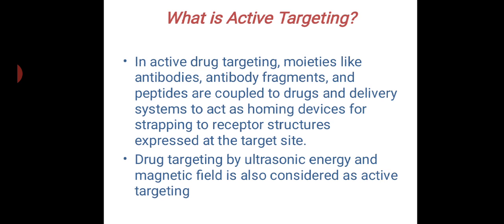Next one is active targeting. What is active targeting? In active drug targeting, molecules like antibodies, antibody fragments, or peptides are coupled to the drug, and the delivery systems act as homing devices for binding to receptor structures expressed at the target site.